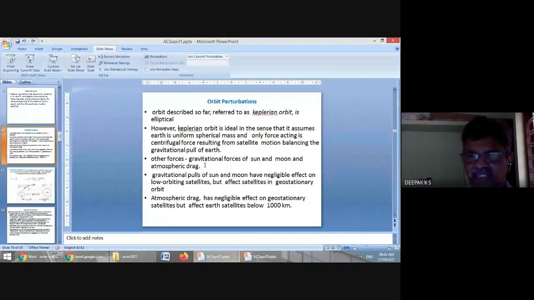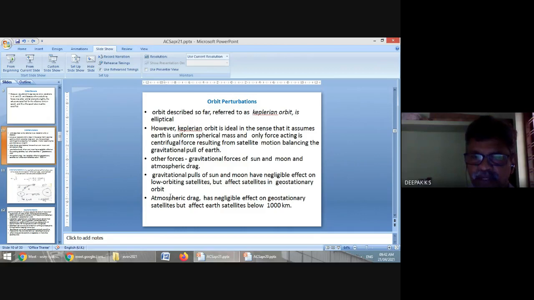However, there are other forces: gravitational forces of sun, moon, and atmospheric drag. All these forces are acting. The gravitational pull of sun and moon has negligible effect on low altitude satellites, but affects satellites in geostationary orbit, which are 36,000 kilometers away. So their effect is pronounced on geostationary orbit.